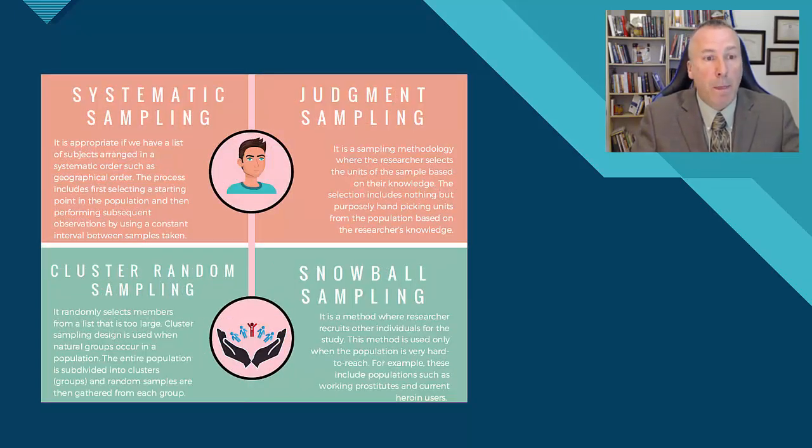Systematic sampling is you have a systematic process where you go through the sampling procedures and you perform subsequent observations using this constant interval between the samples that are taken. So again, this one here, and then a certain interval passes, and then this one here, and so on.